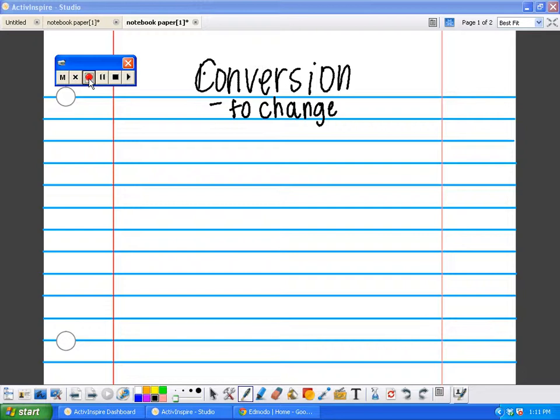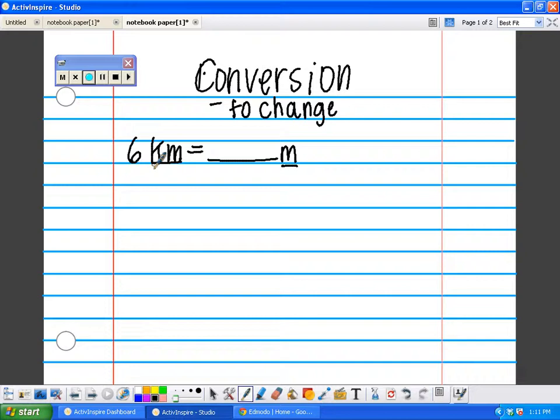Look at the first one under the metric system. It says 6 km is equal to how many meters? These abbreviations are found on your mathematics chart. km stands for what? Kilometers. We kind of say kilometers because we're used to saying kilograms.